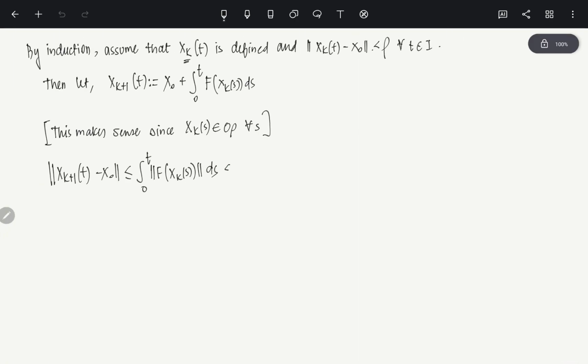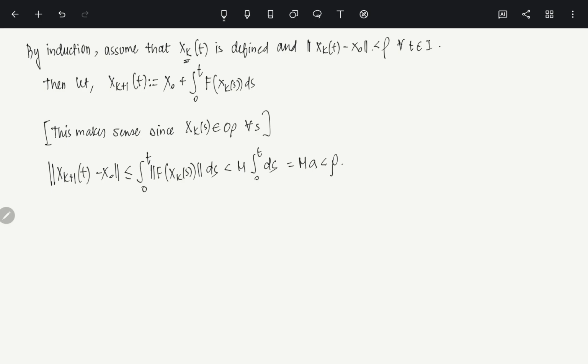So I will use m times the integral of ds from 0 to t, which is less than m a, because t is varying between minus a and a. That is the bound I am using here.